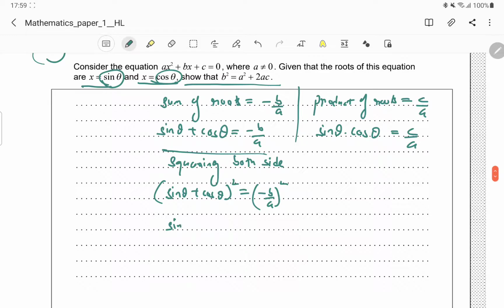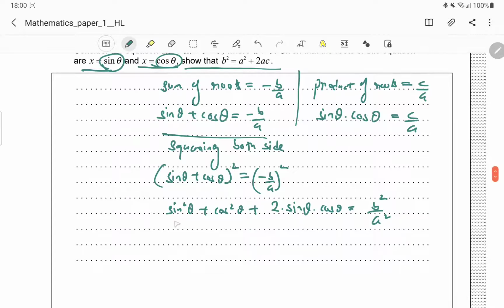Now it's sine squared theta plus cos squared theta plus twice sine theta cos theta equals b squared over a squared. Now we know that sine squared theta plus cos squared theta equals 1, and the value of sine theta cos theta is c by a. So I just simply put in the value.